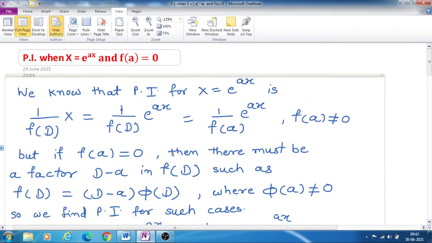Now, in the last lecture, we have seen how to find PI when capital X is equal to e raised to ax. The formula for PI was 1 upon f(D) e raised to ax is equal to 1 upon f(a) e raised to ax, where f(a) is not equal to 0.